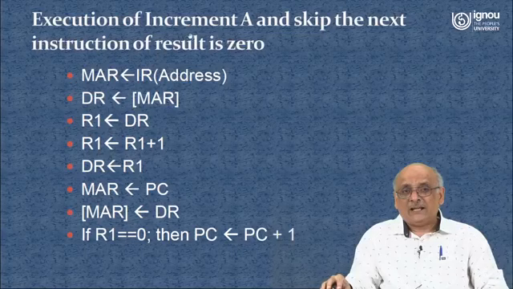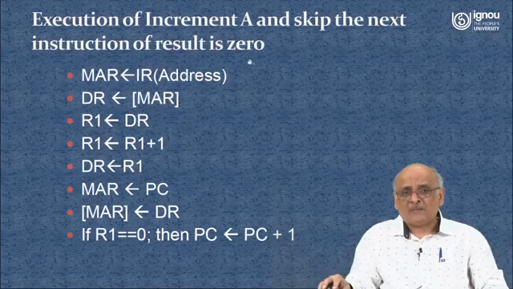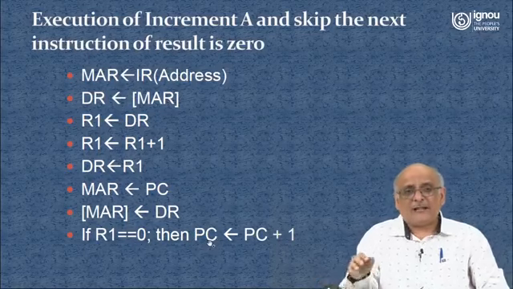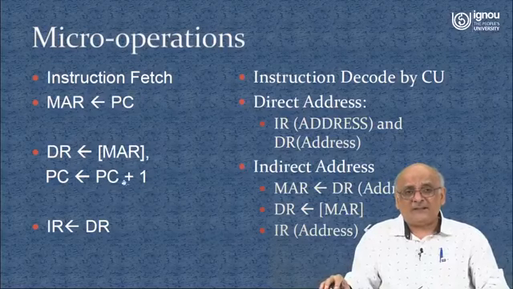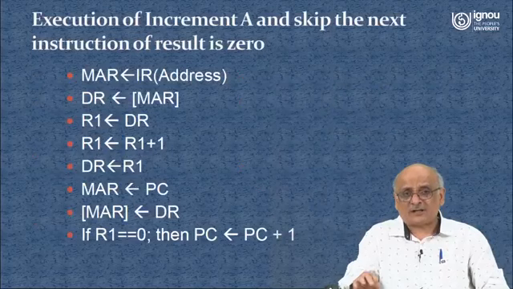What is increment A and skip the next instruction? The result of the incrementation was in R1, and we skip the next instruction. Where exactly was that next instruction? In the fetch itself we have incremented the PC, and it was pointing to the next instruction. So that instruction needs to be skipped.